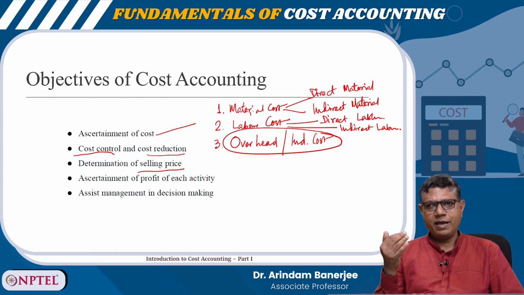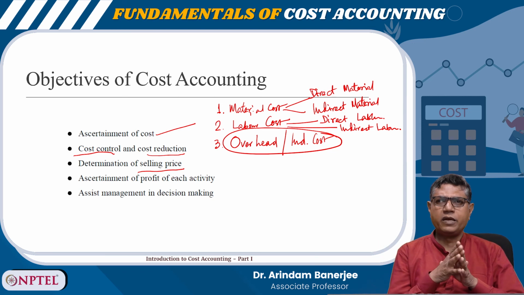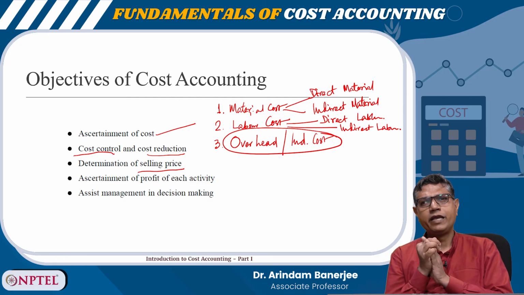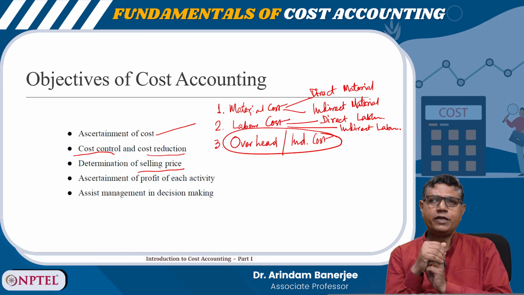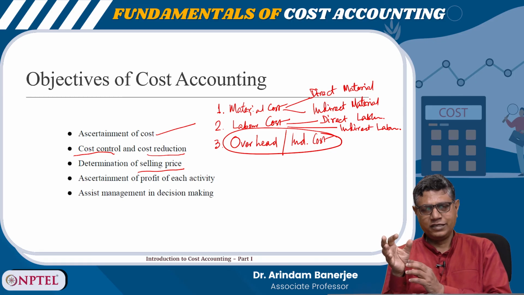When I am doing penetration pricing, that means I am selling at a price which is lower than the cost price or almost matching the cost price. My objective is to gain market share in a shorter period of time. That can be a strategy. Companies use this kind of strategy, but I must know that I am doing it, and I must have a strategy for how I will recover this loss in the longer term.